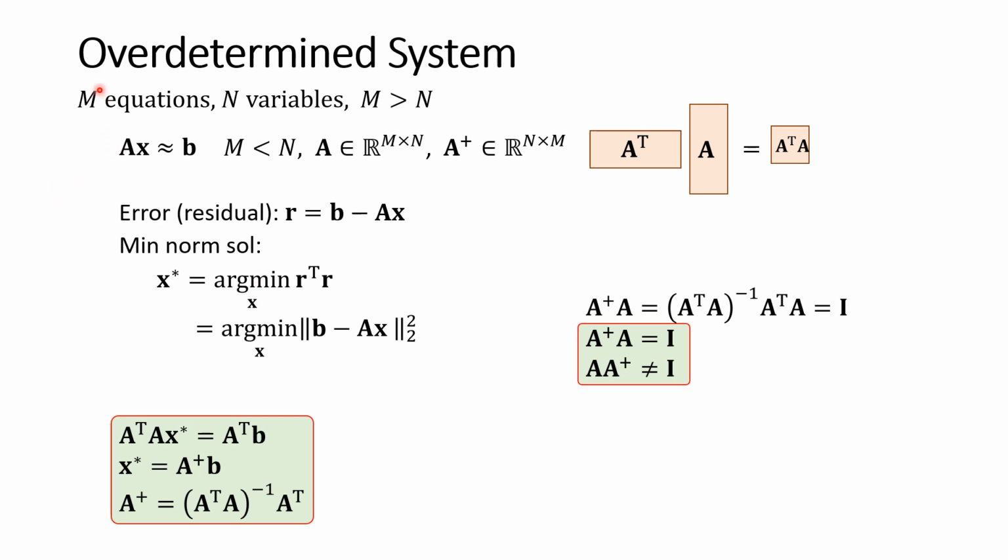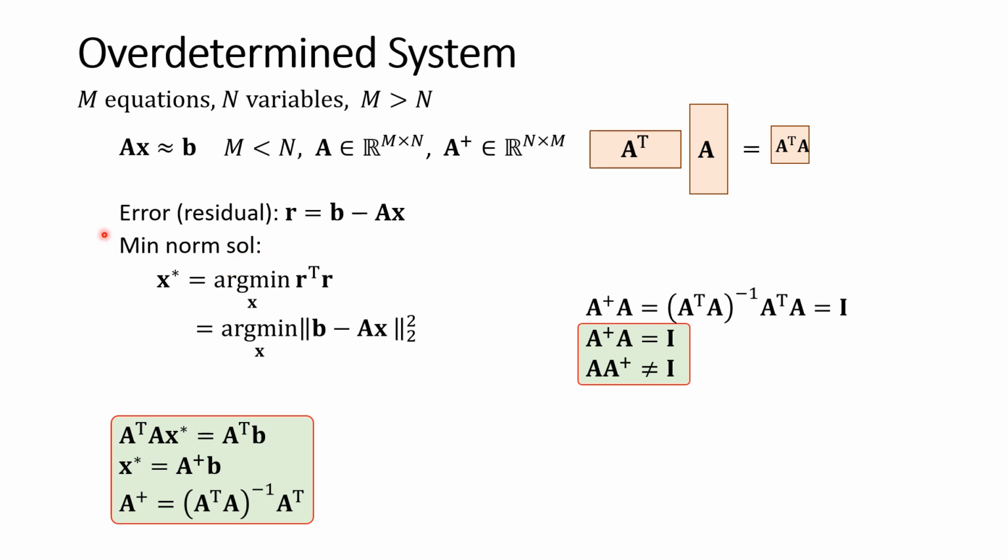So this is graphically what it looks like for an overdetermined system. Since we cannot satisfy all m equations using a lesser number of variables, we seek an approximate solution. So that's why I have Ax is approximately equal to b, and define the error between the LHS and the RHS as r equals b minus Ax.